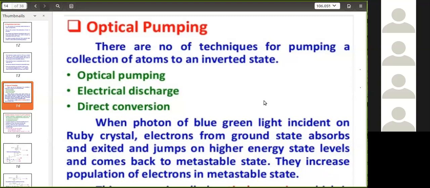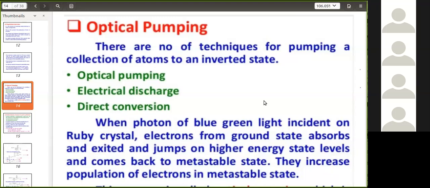So these are methods, various methods. तो ऑप्टिकल पंपिंग में लाइट यूज होता है, इलेक्ट्रिकल डिस्चार्ज में यू यूज हाईली एनर्जाइज्ड इलेक्ट्रॉन्स. सिमिलरली देयर आर केमिकल पंपिंग, जहाँ पे केमिकल रिएक्शन की वजह से कोई एनर्जी होता है उधर, मतलब energy is released because of the chemical reaction and the system is energized to higher levels.